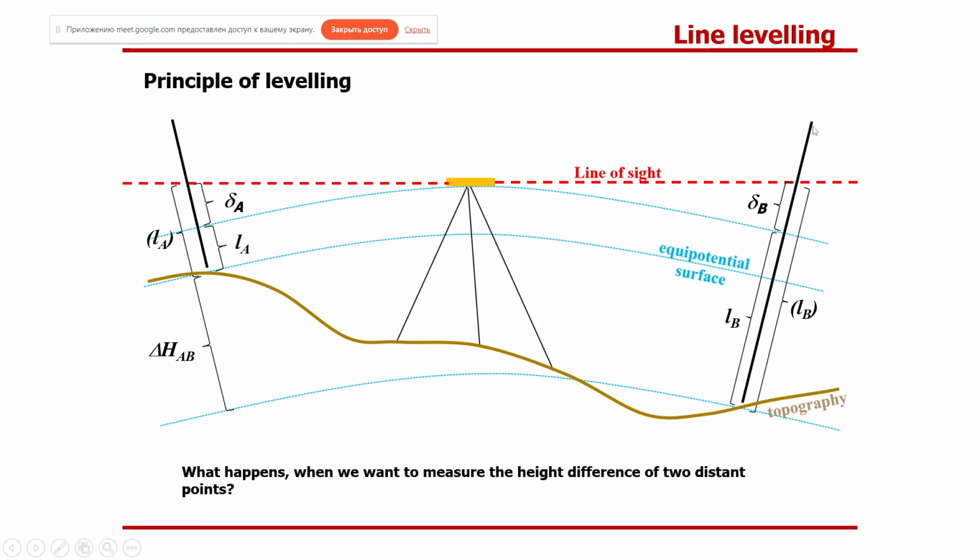This can be an aluminium staff with the Invar strip, Invar strip with the graduation. While we are using the wooden staff, it has two sides, black one and red one. And we make readings of the red and black sides of the staff.